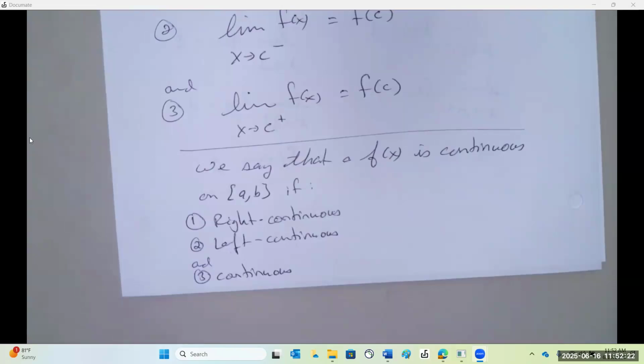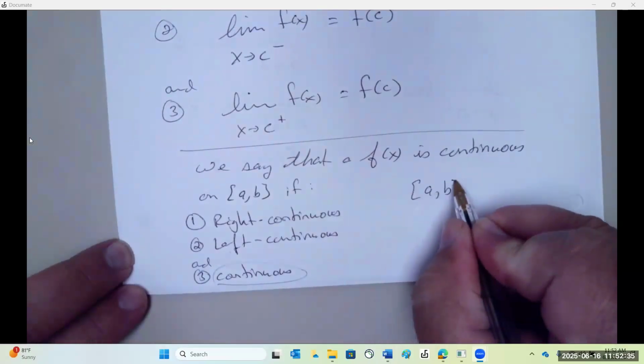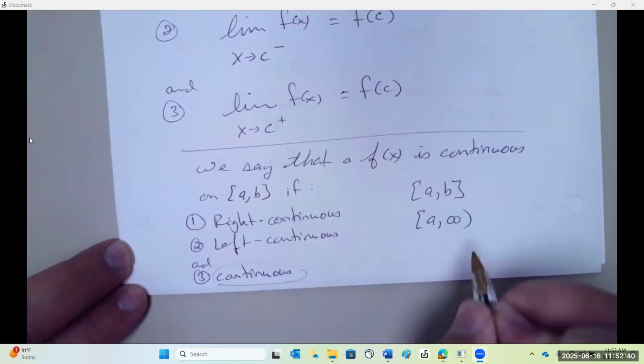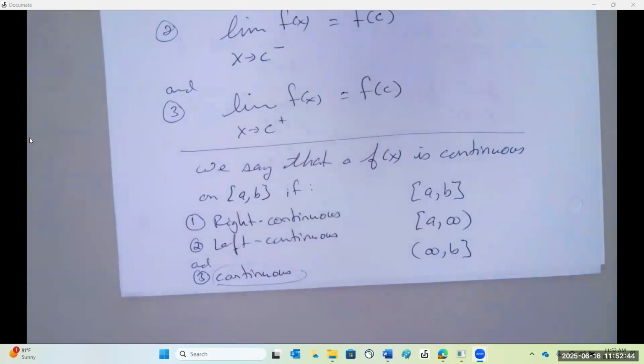And together they have to approach the same value as the value at that point itself in between. So this works for closed intervals, open intervals, or partly open intervals.